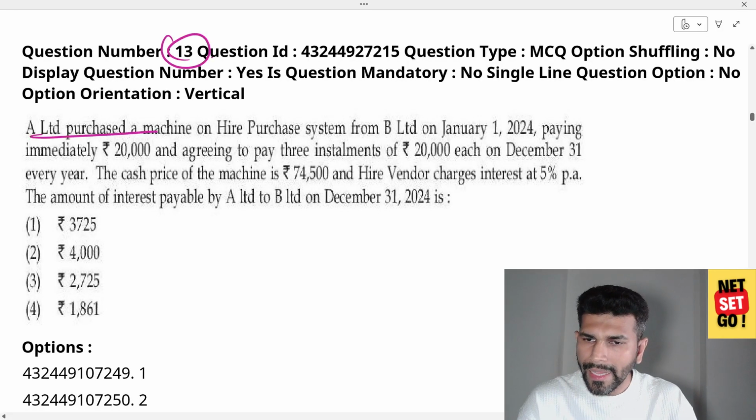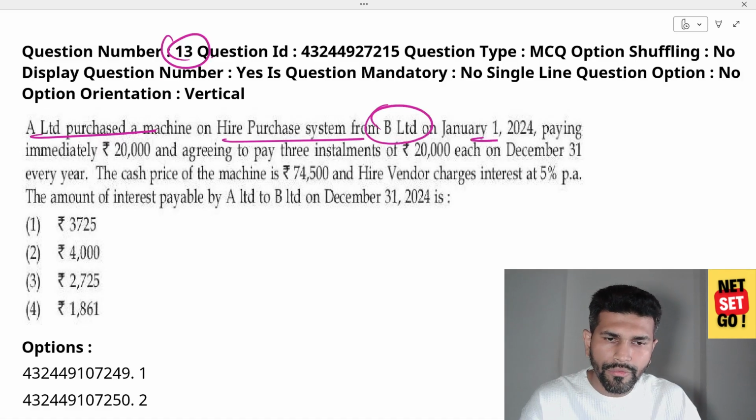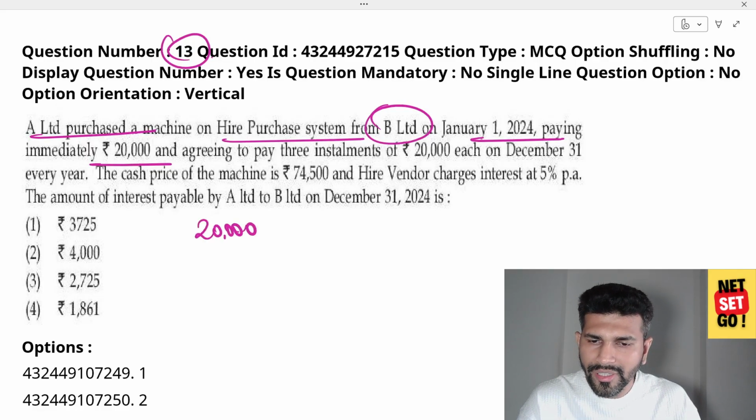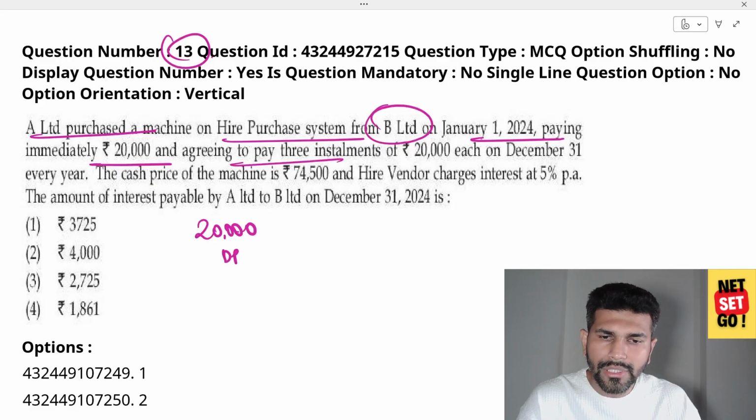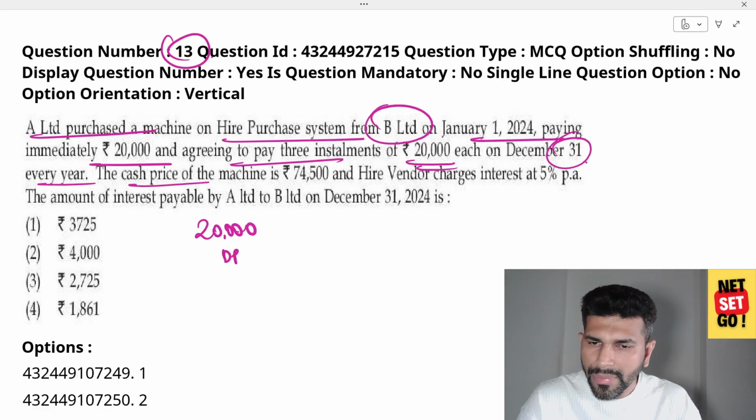Next, A Limited purchase machine on hire purchase system from B on 1st January 2024, paying immediately 20,000 rupees. So 20,000 rupees is down payment and agreeing to pay 3 equal installments of 20,000 rupees each on 31st December every year. The cash price of the machine is 74,500. 74,500 is cash price.